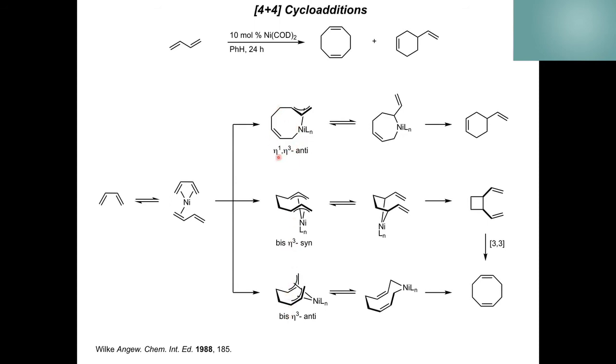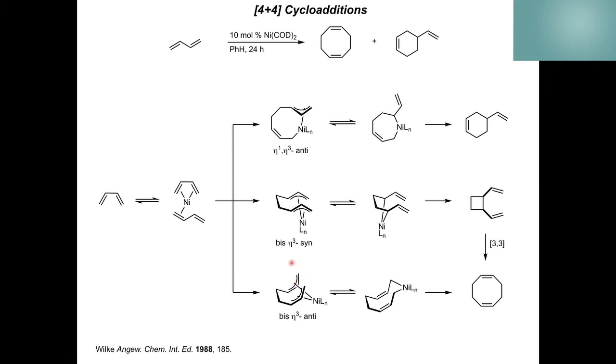The first is this eta-1, eta-3 anti nickel metallocycle allyl. From this, we can envision slippage to the internal allyl position and reductive elimination, generating that vinyl cyclohexene product.